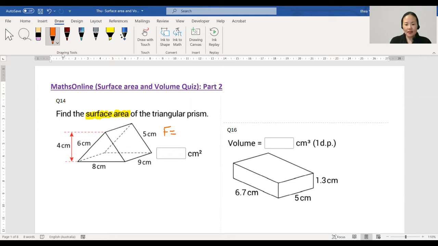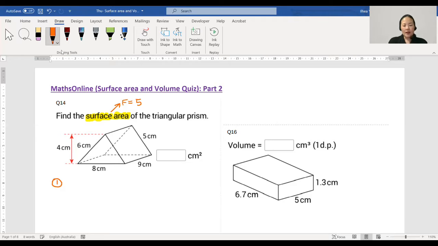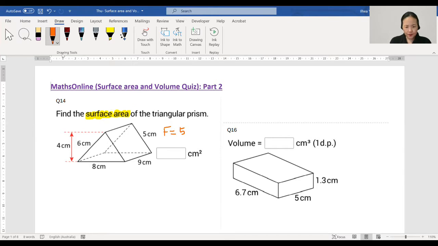5. 5, excellent. So that means there will be 5 areas that you have to add together. Luckily, the front and the back are the same. Only the front and the back, not the others. Like normally left and right will be the same as well, but it's not. Why? Because this is a scalene triangle. All sides are different.